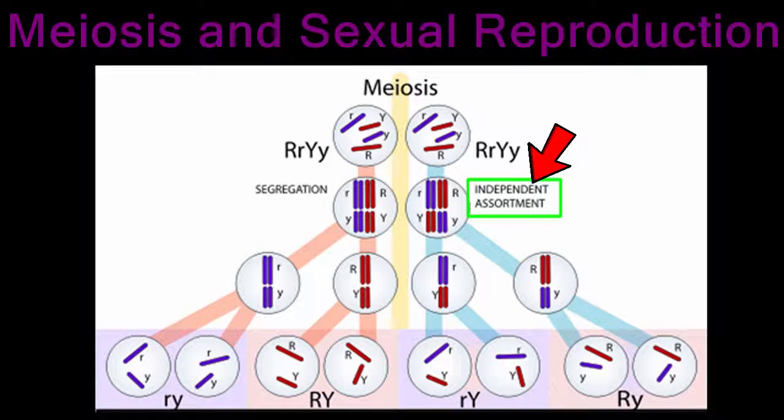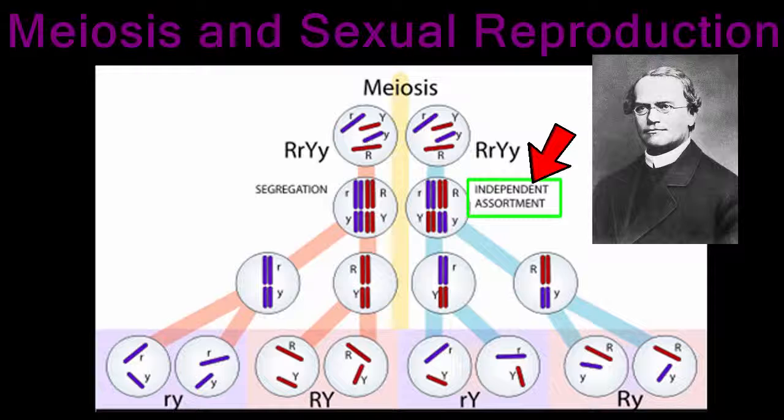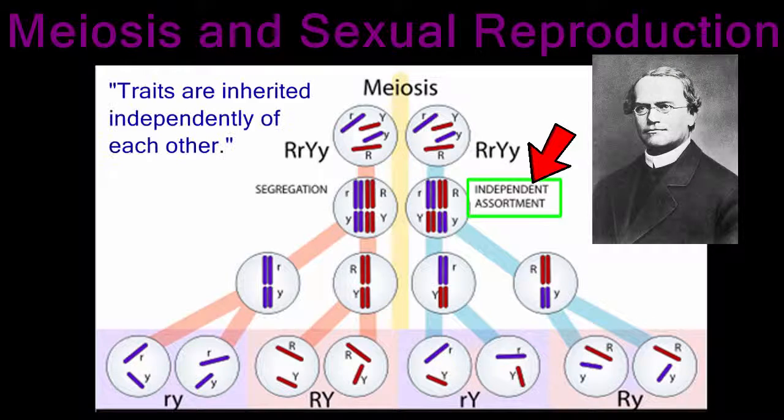This concept is known as independent assortment, which you might recall is one of Mendel's laws. The movements of the chromosomes during meiosis explain why many traits are inherited independently of each other, as Mendel's law states. Independent assortment creates a huge amount of genetic variety all by itself, but there are additional forces at work that provide even more opportunity for genetic variation.